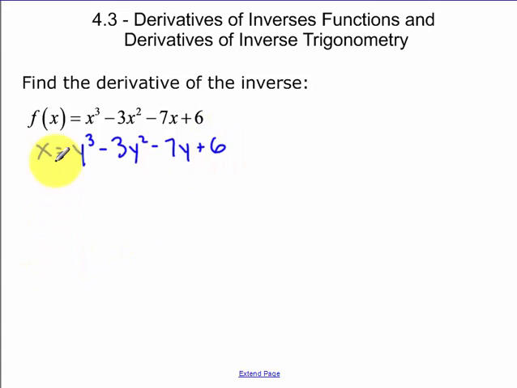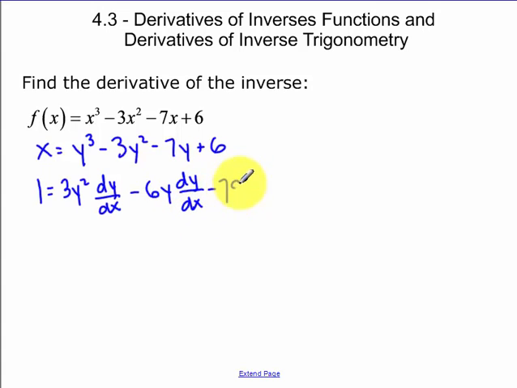And then take the derivative of each term. The derivative of x with respect to x is 1. Derivative of y cubed, that's implicit differentiation on this right side. So 3y squared dy/dx, 6y dy/dx minus 7 dy/dx.